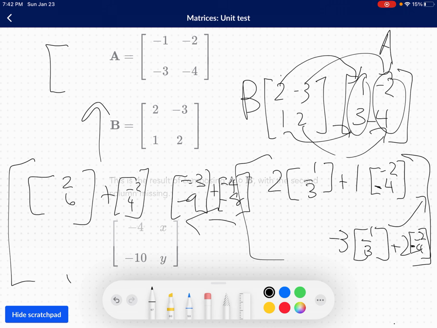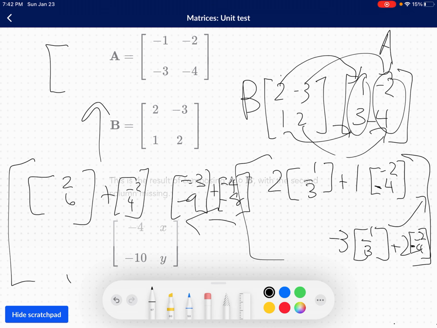Take the things from B. 1, 3. 1 and 3, and plus 1, negative 2, negative 4. 6. Did I? 2, negative 3, 1, 2.